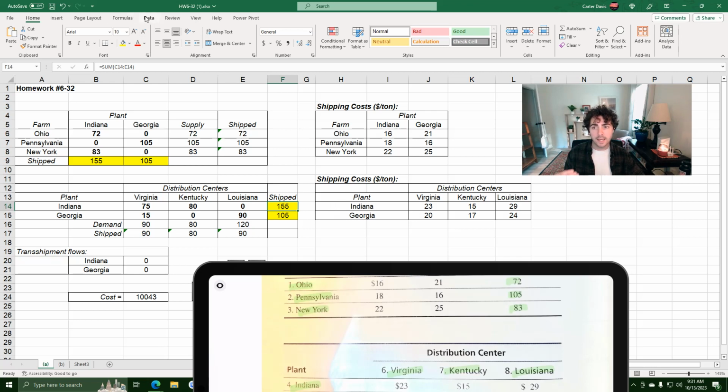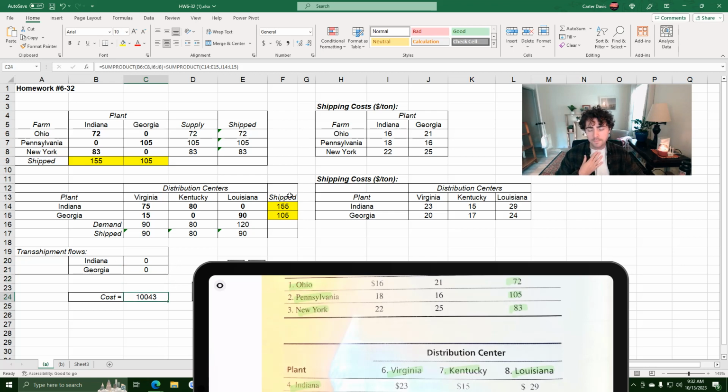They had to implement that in the solver, so we'll see that in the solver. Along with this cell, however much got shipped to Georgia must have been shipped out of Georgia. They made sure that this difference was also 0, and that's what's right here in this cell.